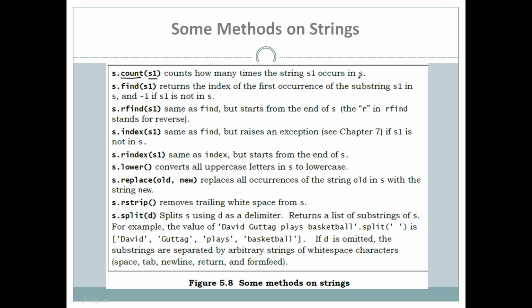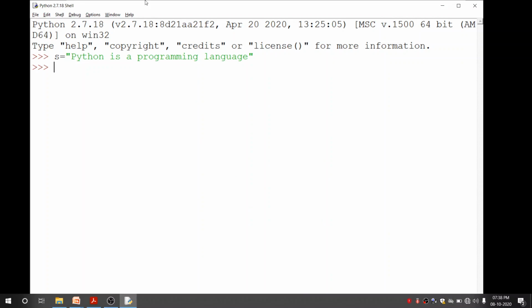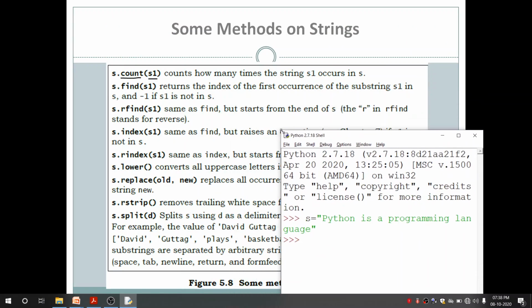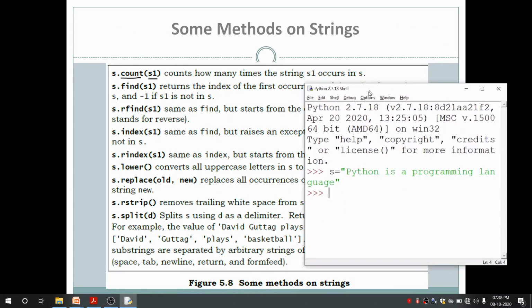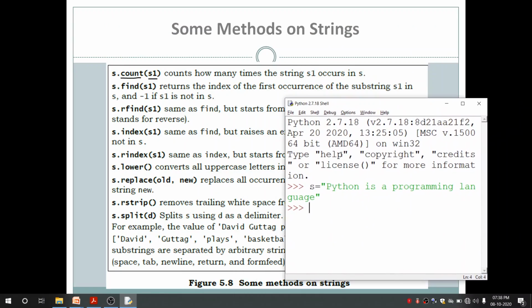Let me show you this. Okay, so consider this is our string. S is equals to Python is a programming language, and I want to check how many times the word Python has occurred in the string.